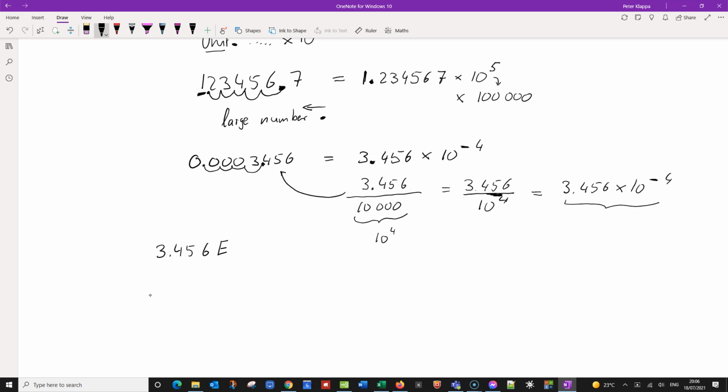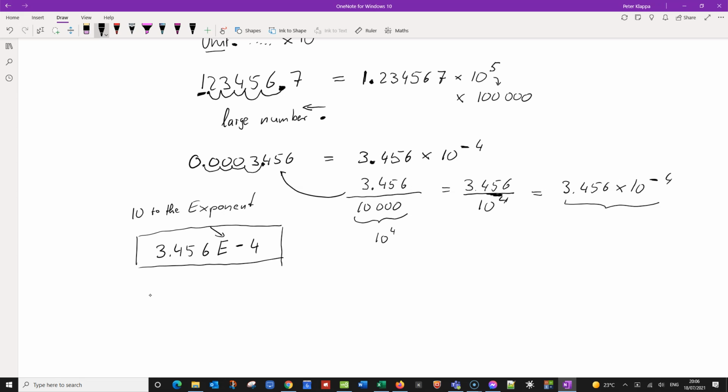This e that you see in the calculator is 10 to the exponent -4. So that is what you might find on your computer display or a calculator display.